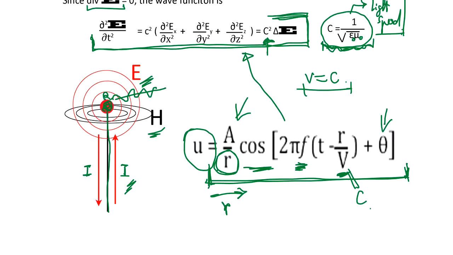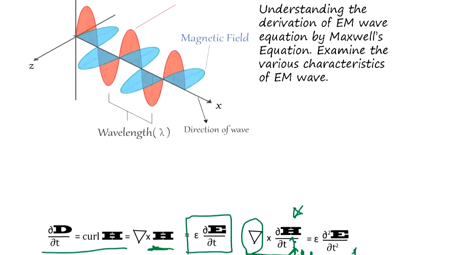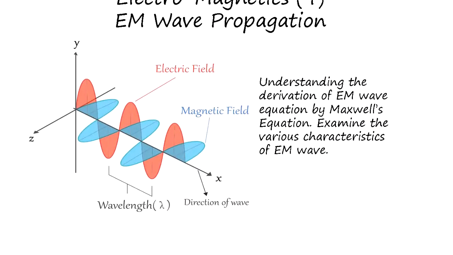The magnetic field is generated in a circular fashion orthogonal to I, so it's going to be orthogonal to E. So what happens is the EM wave is going to propagate this way.